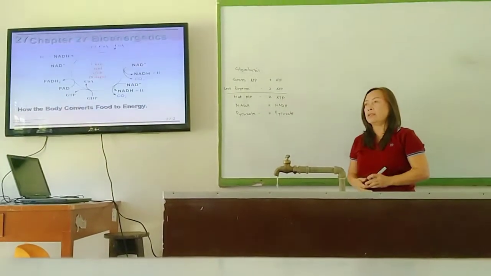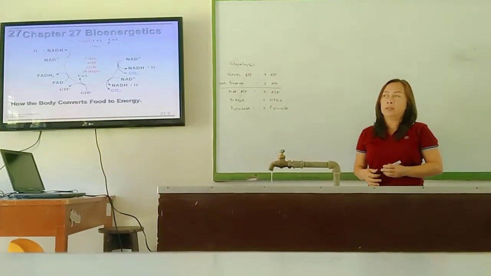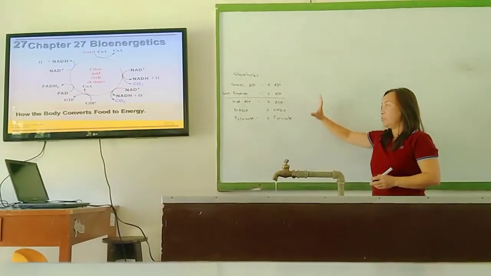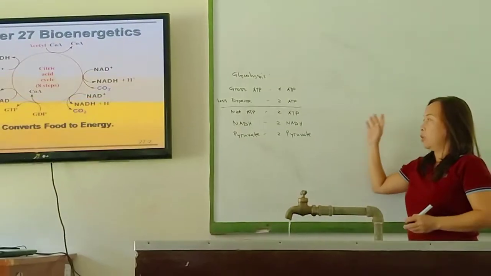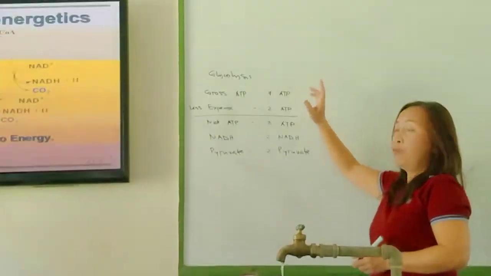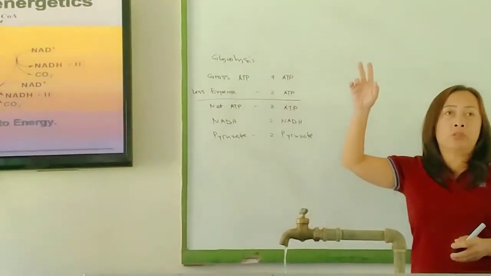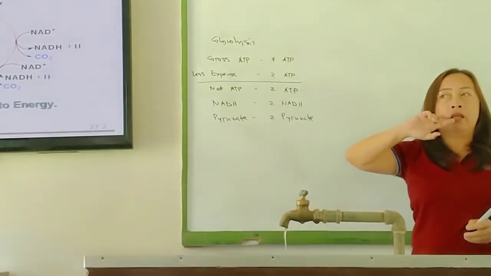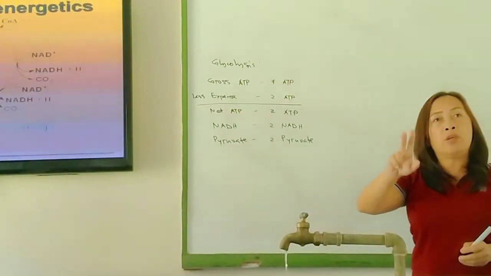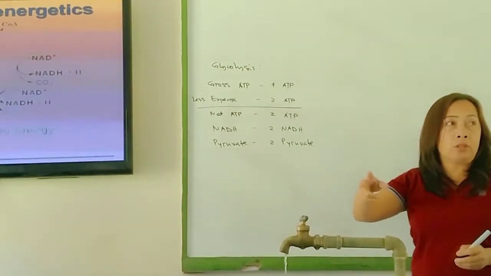We know that glucose is broken down to release these end products. ATP is already net, because we had 4 ATP as the gross ATP production in glycolysis, and 2 molecules of ATP were used up during the endergonic reaction.